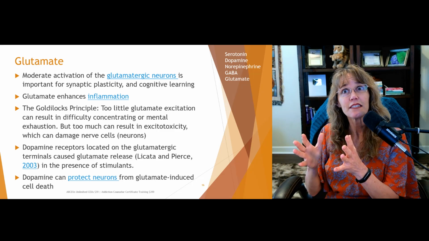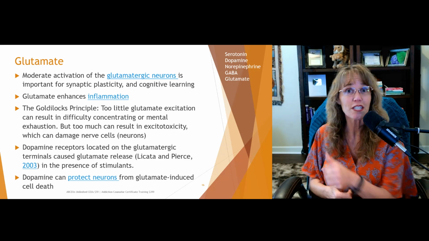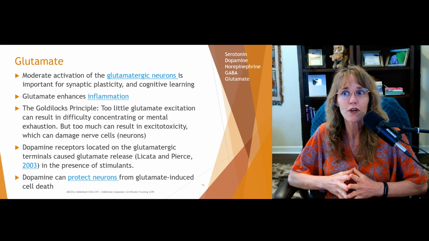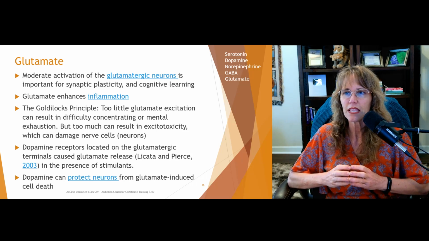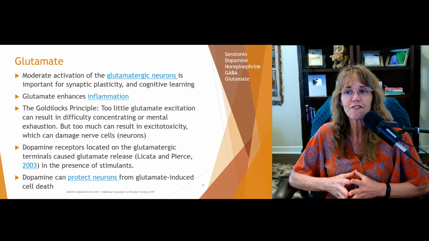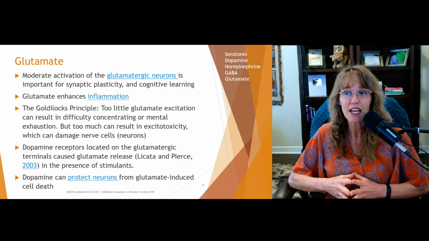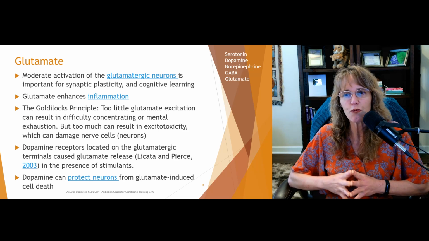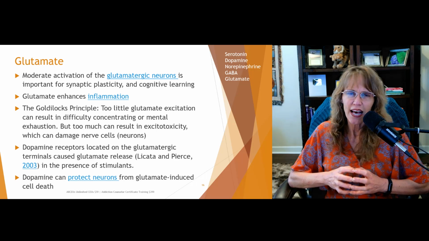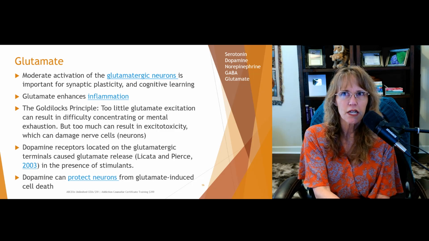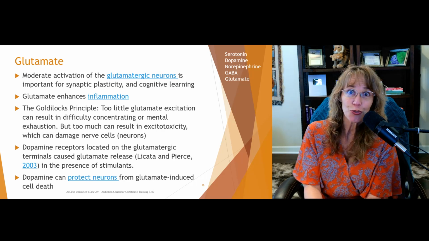And so the brain responds by increasing cortisol and increasing glutamate, which increases more inflammation. Too little glutamate can result in difficulty concentrating or mental exhaustion, but too much can result in excitotoxicity, which can damage nerve cells.